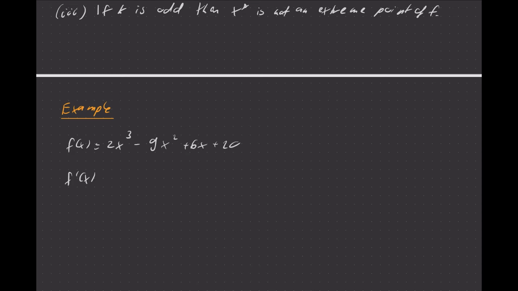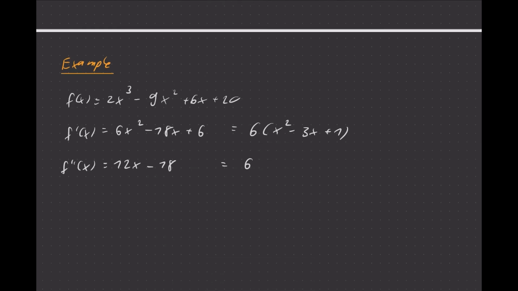Then f prime of x was 6x squared minus 18x plus 6, or 6 times x squared minus 3x plus 1. And let's also compute f double prime, and f double prime is 12x minus 18. Or you could express that as 6 times 2x minus 3.